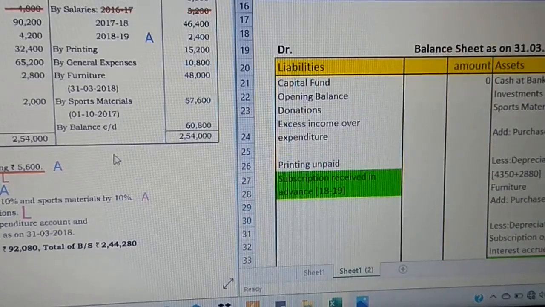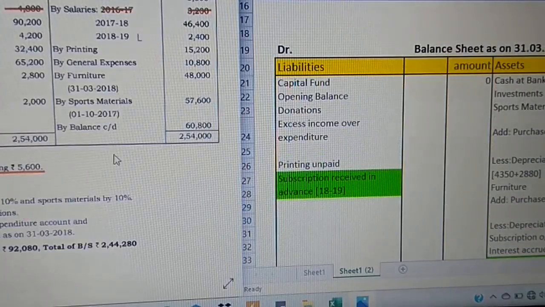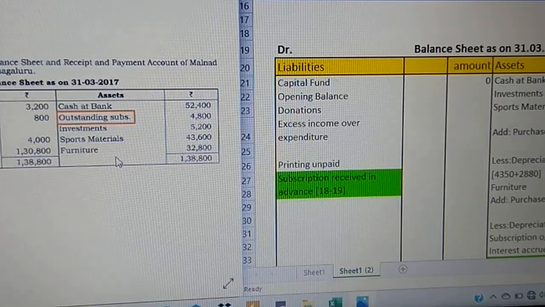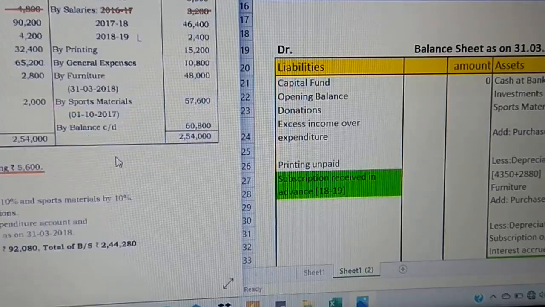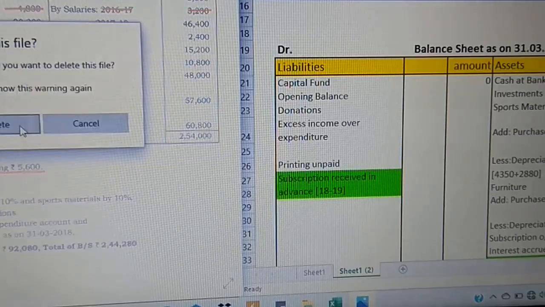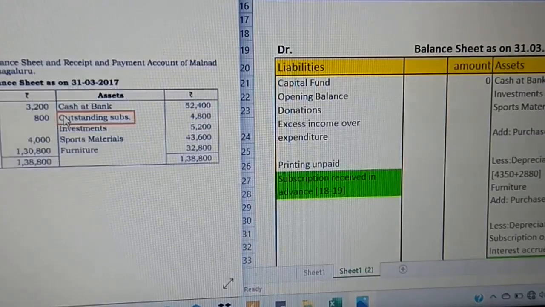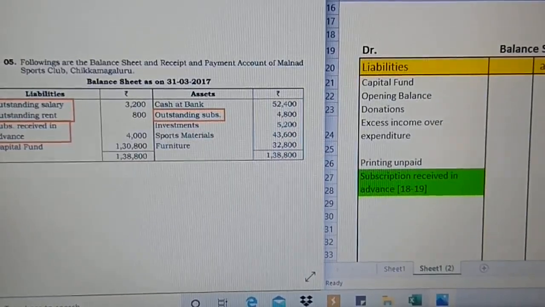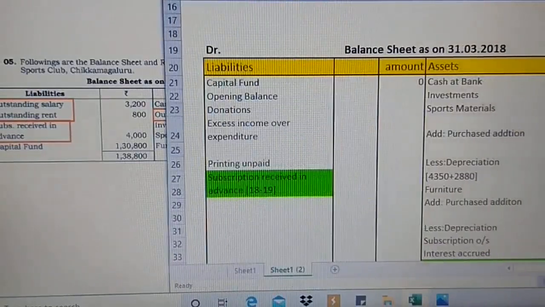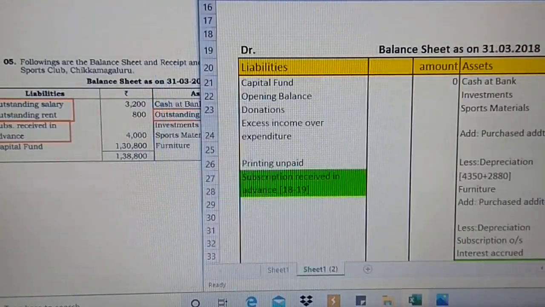This is very simple. Again, going for the question, opening balance sheet. So going for the opening balance sheet, let us just observe now. We wanted only the opening balance sheet.